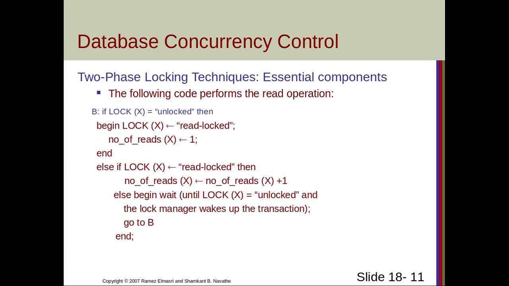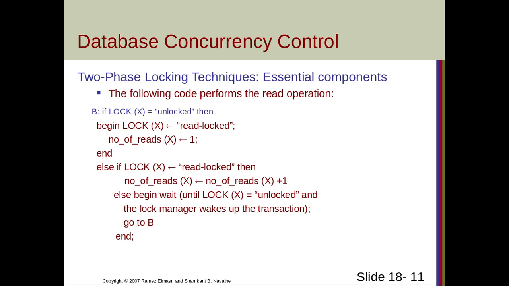The following code performs a read operation. That means if lock of x is unlocked, suppose the lock variable is unlocked, then you have to set it as a read lock. And as it is a shared lock, if it is already a read lock, you can use it again.